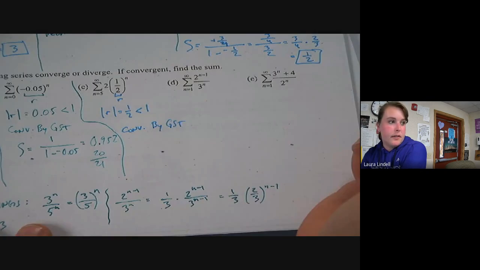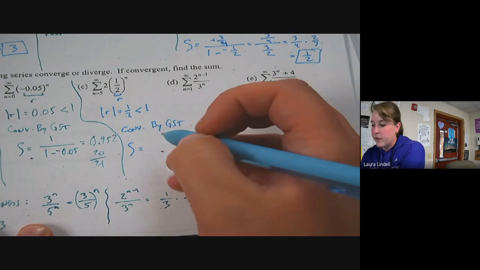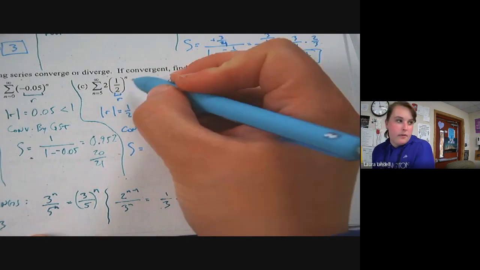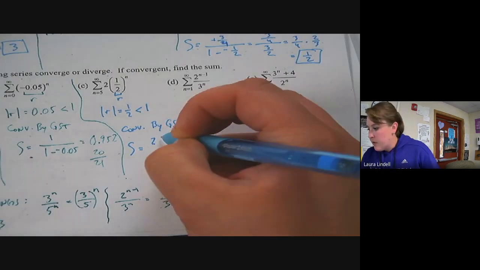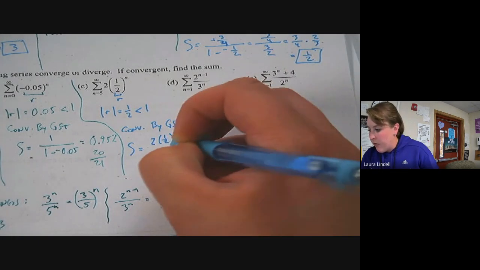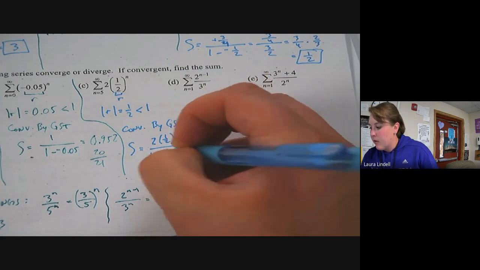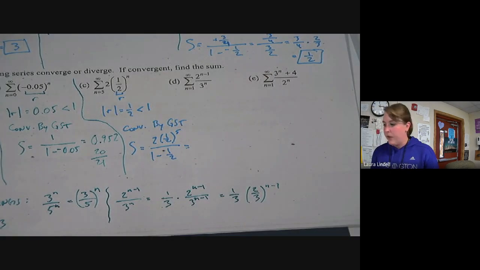All right, and so since this thing converges, we can find the sum, the first term. So if n equals 5 is our first value of n, then we want to figure out what that gives us here. So our first term is 2 times 1/2 to the 5th power, and then over 1 minus 1/2. And so then we can put that into our calculator as well.